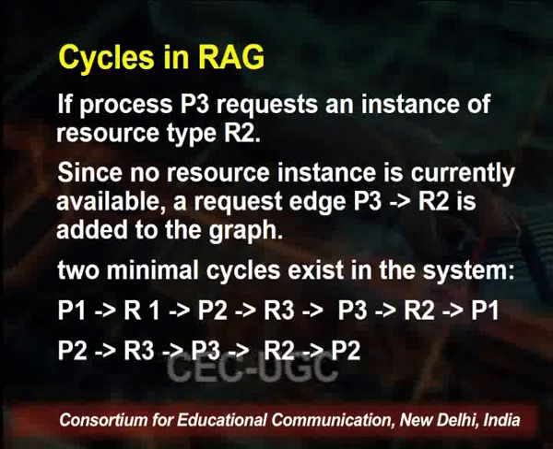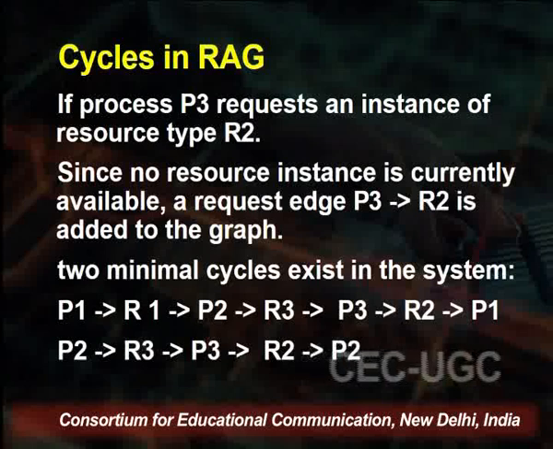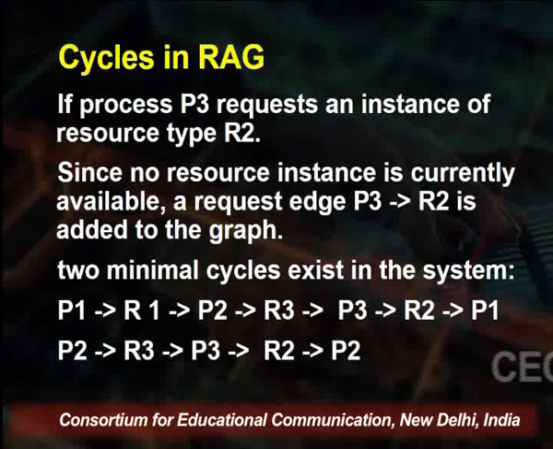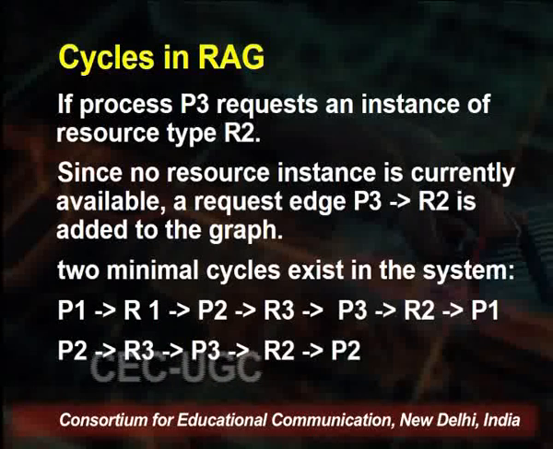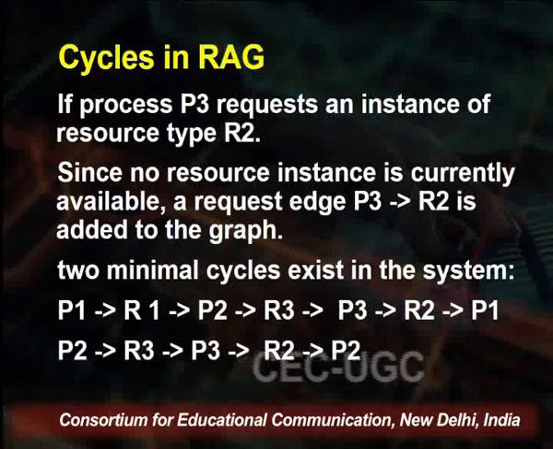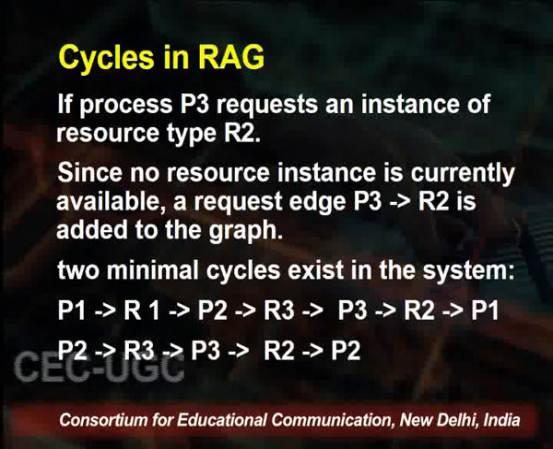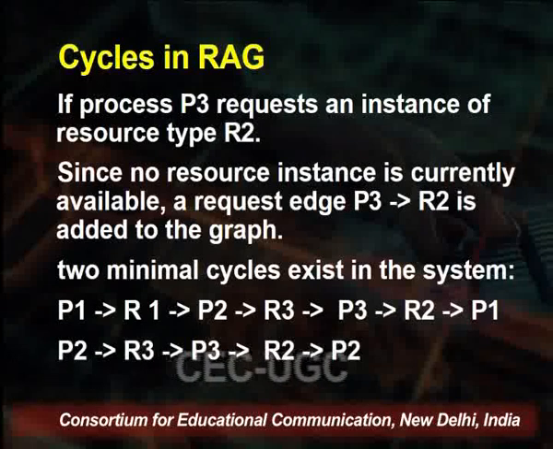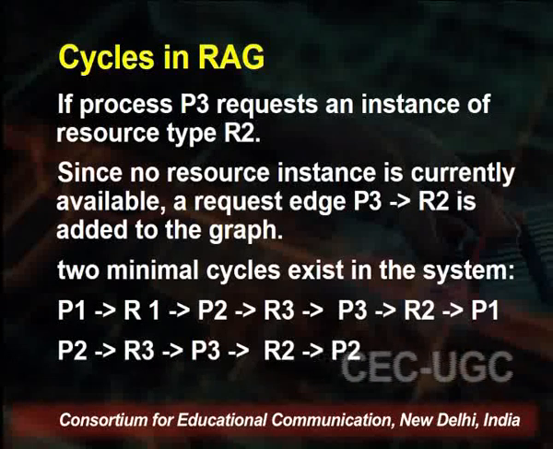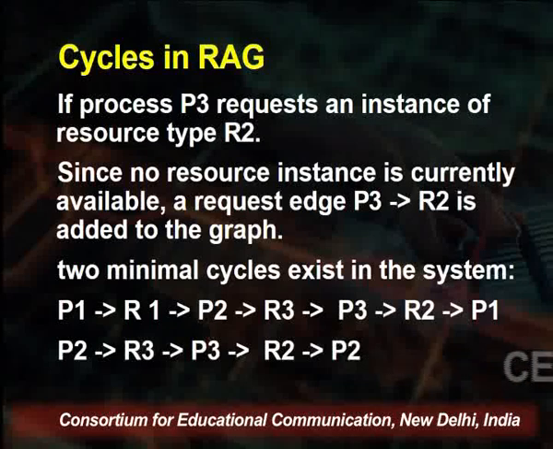Now there will be two cycles in the system: P1 to R1, P2 to R3, R3 to P3, P3 to R2, and then R2 to P1. This is the bigger cycle. Then there will be another cycle from P2 to R3, R3 to P3, P3 to R2, and R2 to P2.